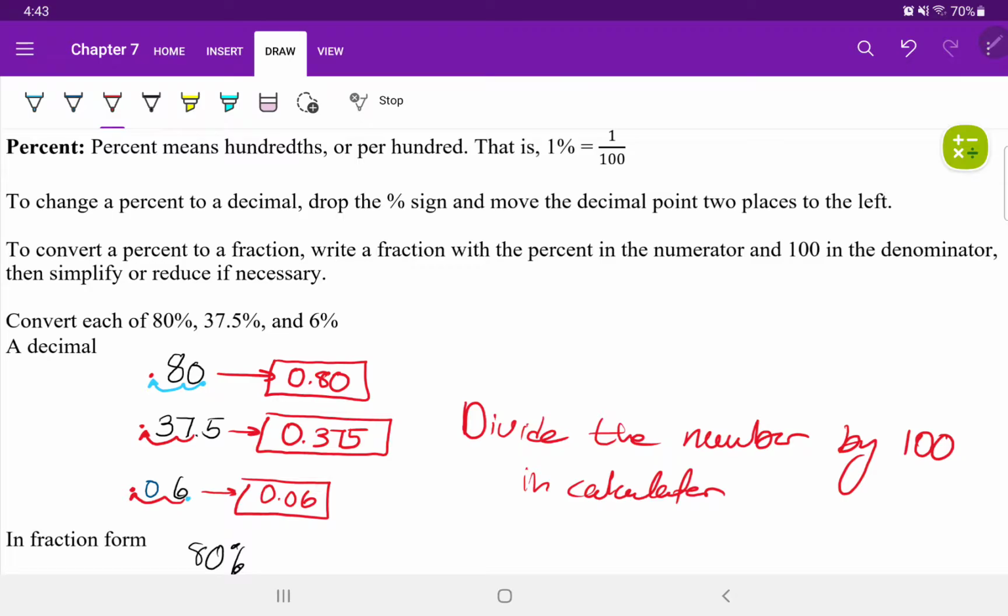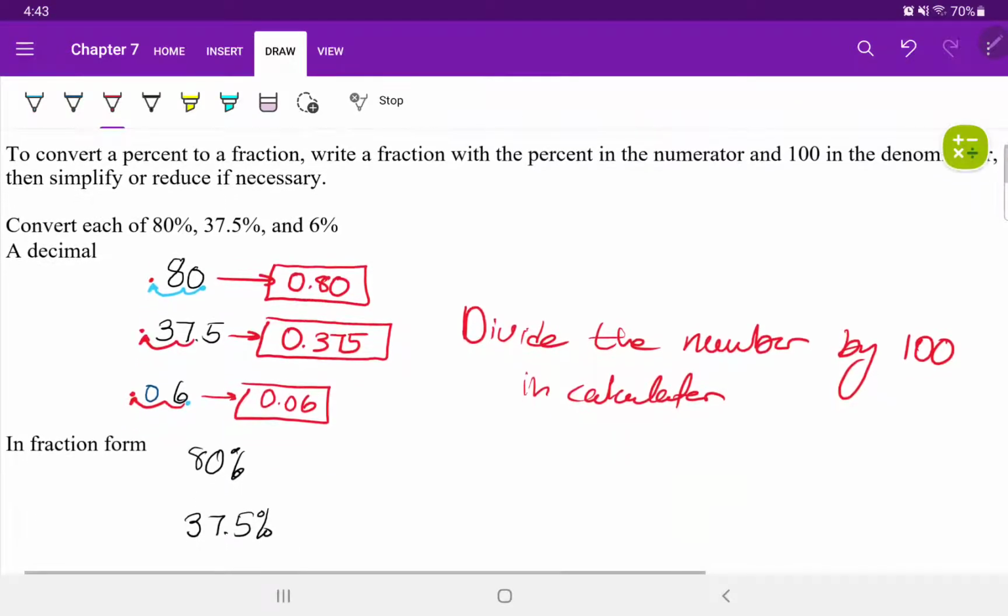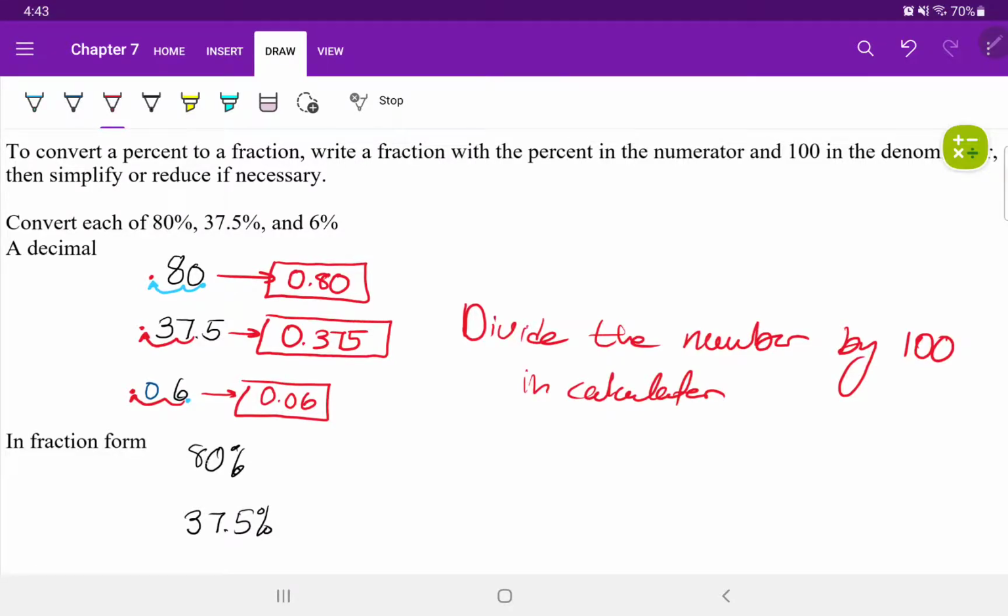Now, let's convert these percentages into fractions. To do that, we're going to place the number over 100. So that's going to be 80 over 100. And remember, we must reduce fractions. Therefore, I must find the greatest common factor between 80 and 100.